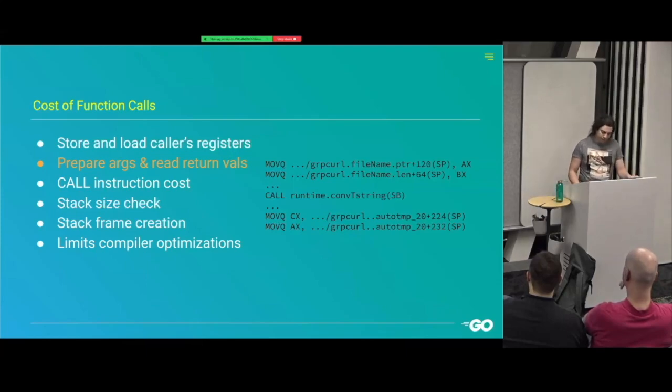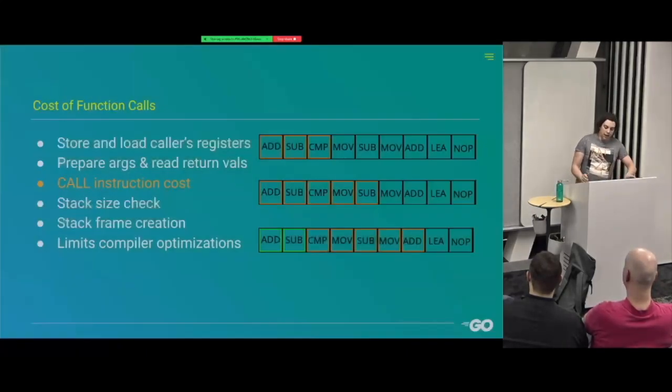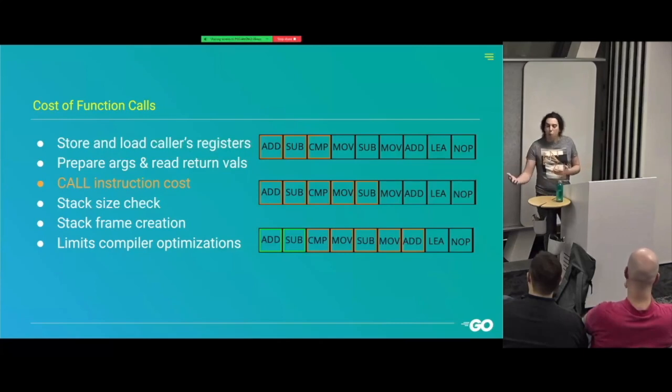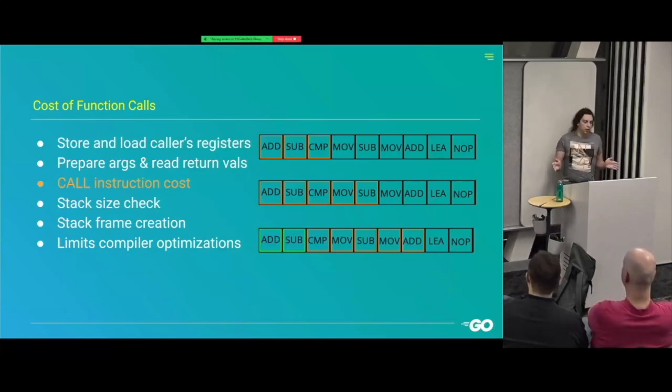Then we have the cost of the call itself. This is not a Go property anymore. This is a property of the CPU, which executes many instructions in parallel. This is very simplified here, and most of it is a trade secret of the CPU manufacturers anyway. But the CPU really likes having many instructions in a row, so it can parallelize their execution and overlap many of them.